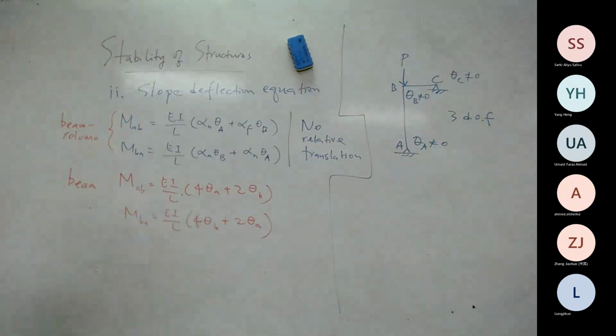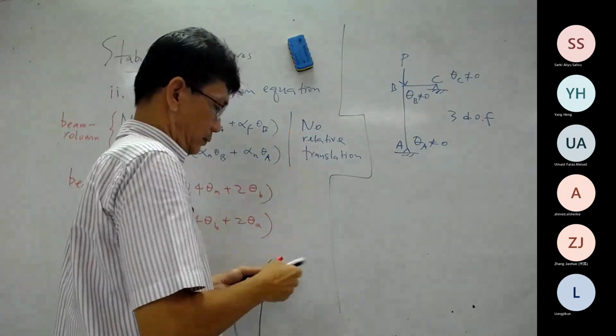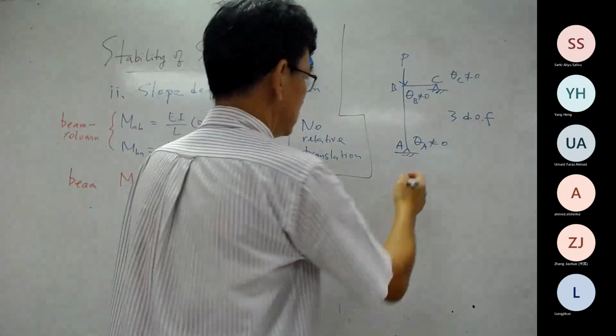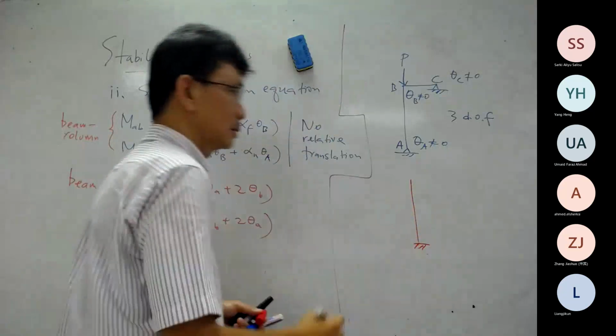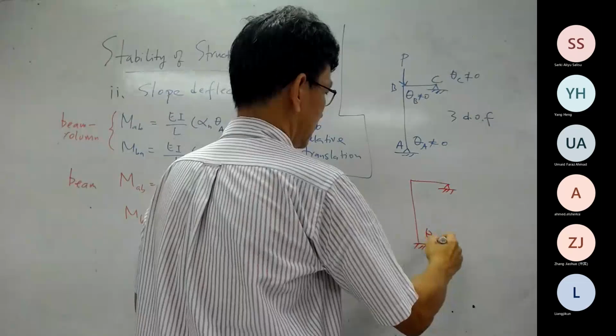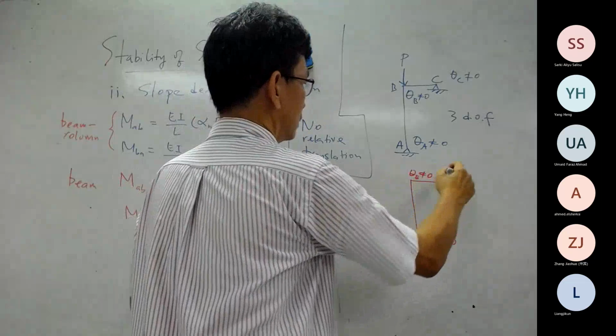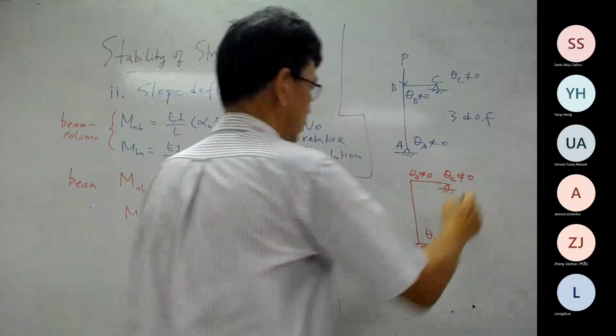You have three unknowns. But if this is fixed, then theta_A becomes zero, theta_B not zero, and theta_C also not zero.